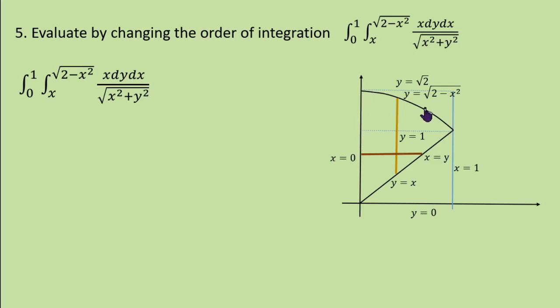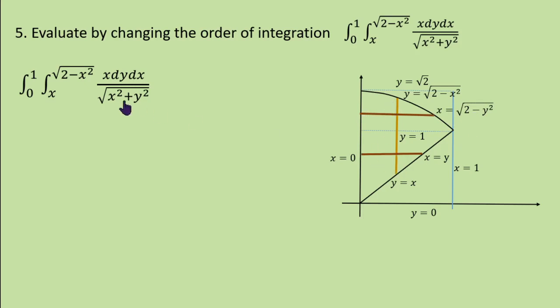Then x varies from 0 to a point on this circle. To find the x value, y square is 2 minus x square, or x square is 2 minus y square. Therefore x is root of 2 minus y square. So the left is x equal to 0 and the right is x equal to root of 2 minus y square.